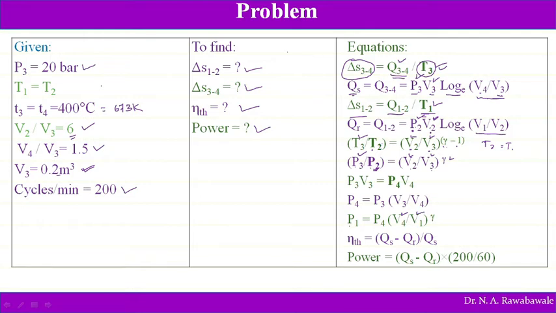But to find out P1, V4 divided by V1 is also required, and P4 is also required. To find out P4, we can use the formula P4 is equal to P3 into (V3 divided by V4), and we can find out P4. So substituting P4 here and V4 divided by V1, we can find out P1.